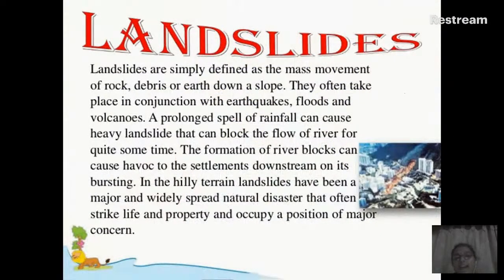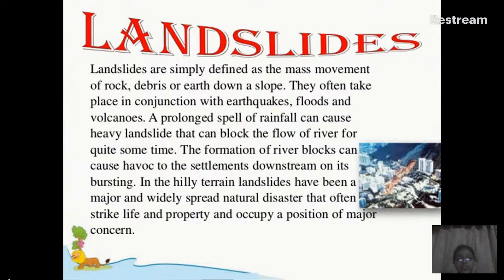Now, landslides are simply defined as the mass movement of rock, debris or earth down a slope. They often take place in conjunction with earthquakes, floods, and volcanoes. A prolonged spell of rainfall can cause heavy landslides that can block the flow of a river for quite some time.